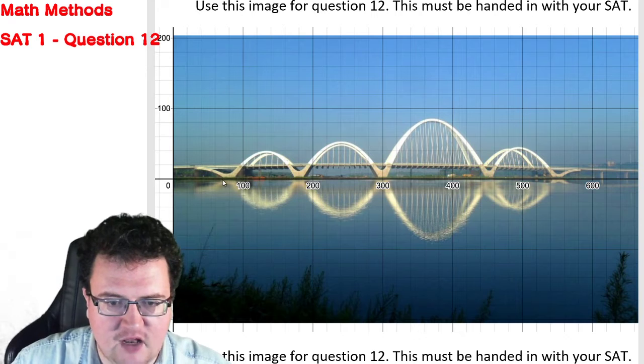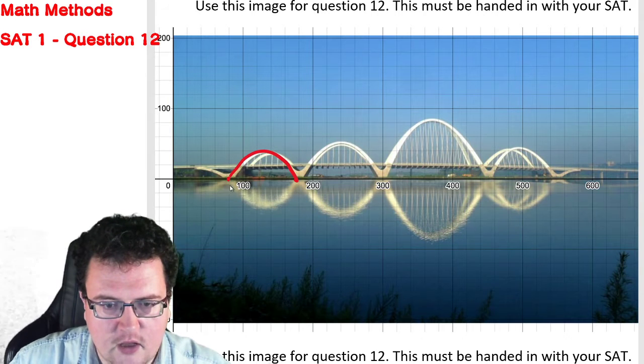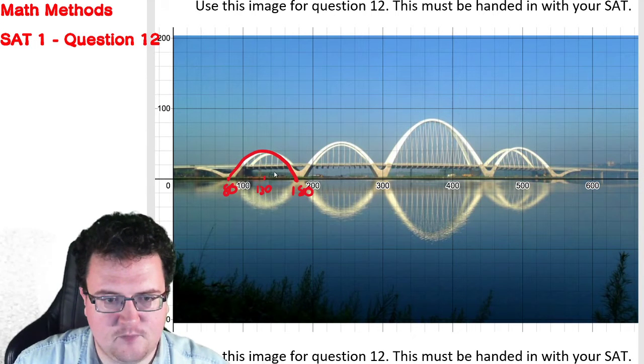So by that logic, if I place a mark here at the bottom of this curve, I can see that it's going from 80 all the way to 180. Which means the top of my curve will sit halfway, at about 130.